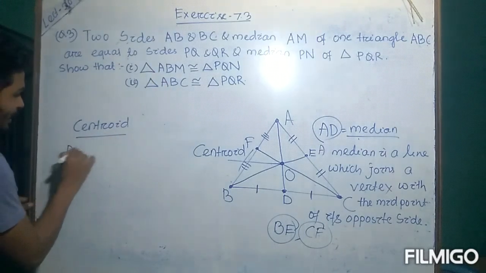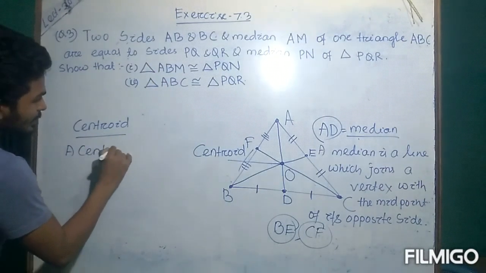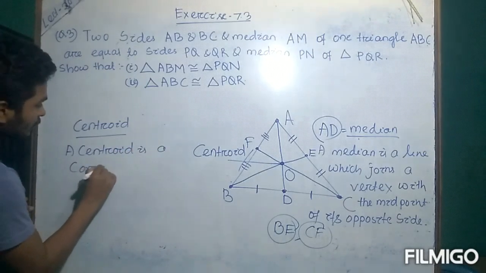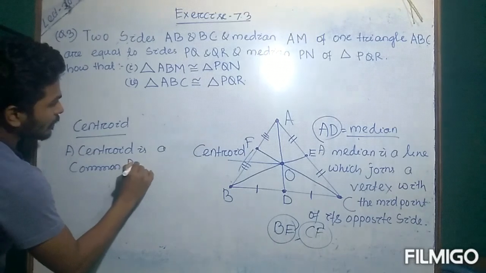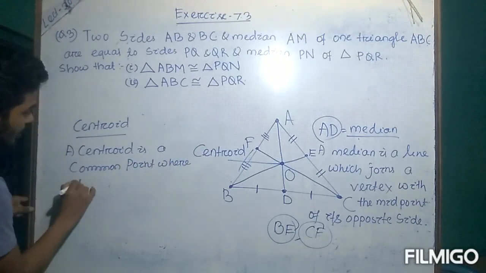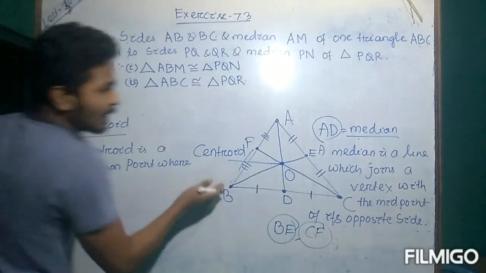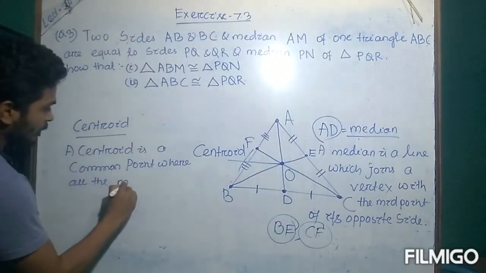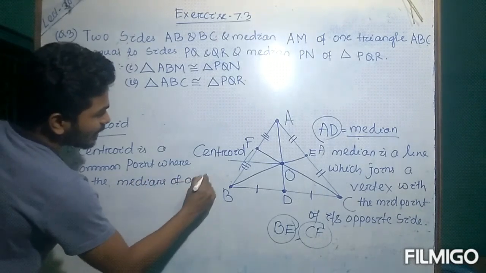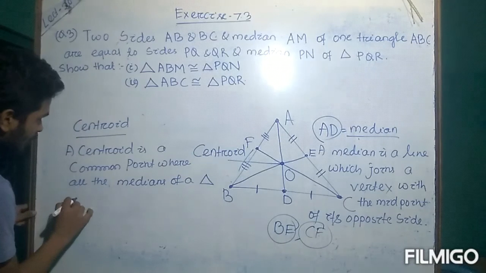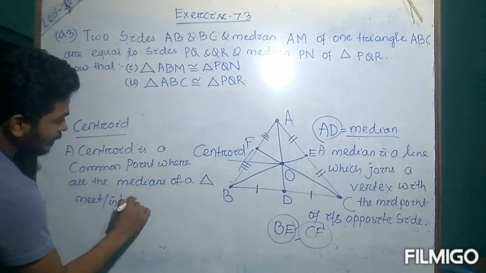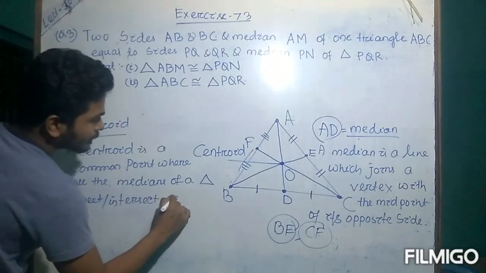So a centroid is a common point where all the medians of a triangle meet or intersect each other.